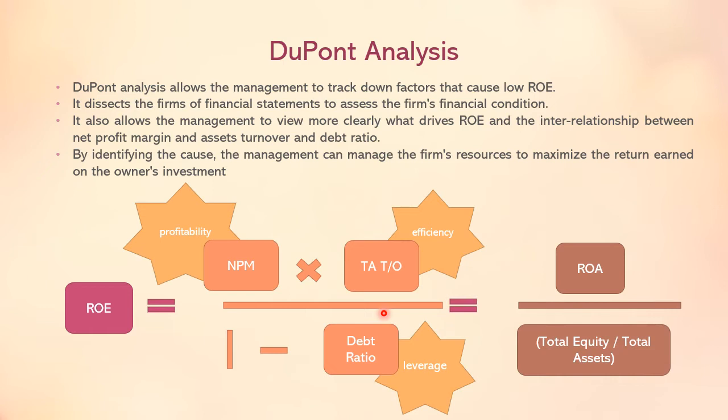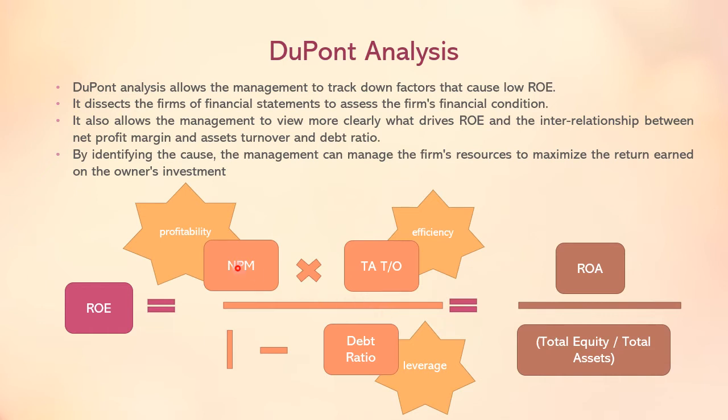Because the more you borrow, the lesser will be the equity component. Therefore, the shareholder can claim more of the profits. So that's why high borrowing contributes to high ROE, because a small amount of equity, meaning a small amount of shareholders, can claim more of the profitability that the company has generated.